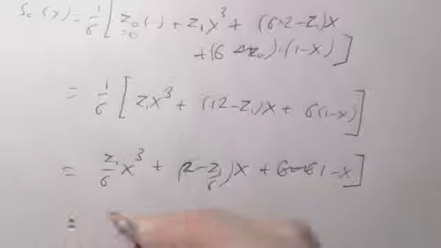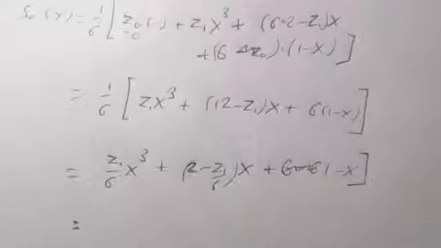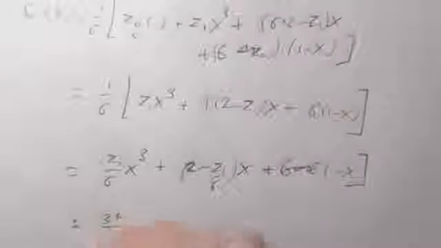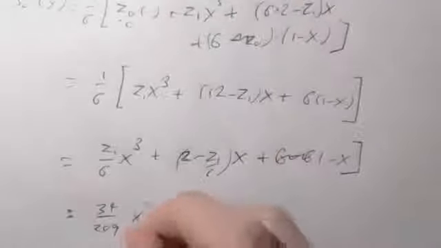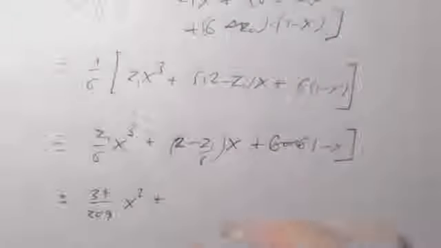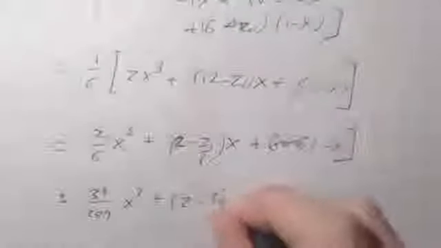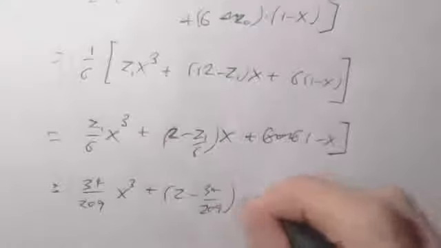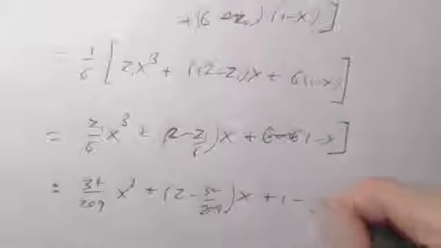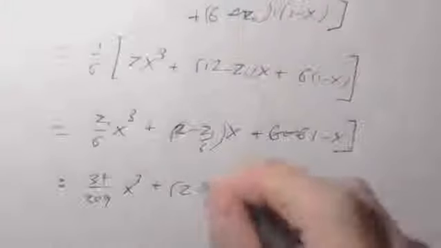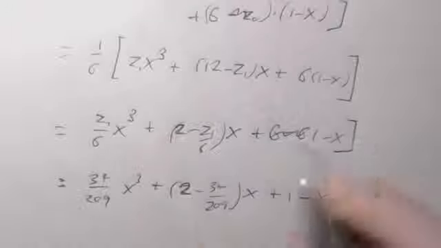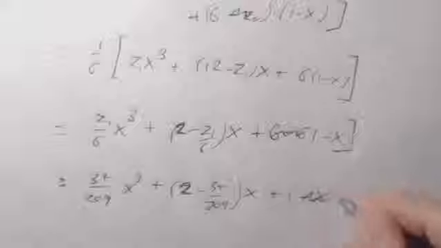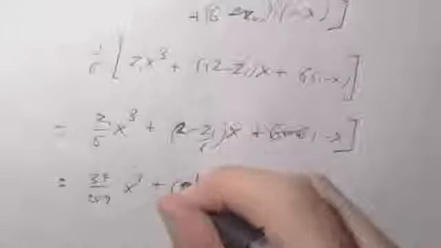Right, what was z1? Z1 was 204 over 209. 204 over 6 is 34, so that's 34 over 209 x cubed plus (2 minus 34 over 209) x plus (1 minus x). Well, we have a minus x here and we have a 2x here, so I'm going to kill that and change that 2 to a 1.